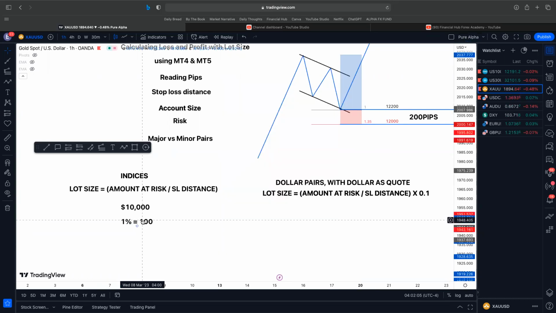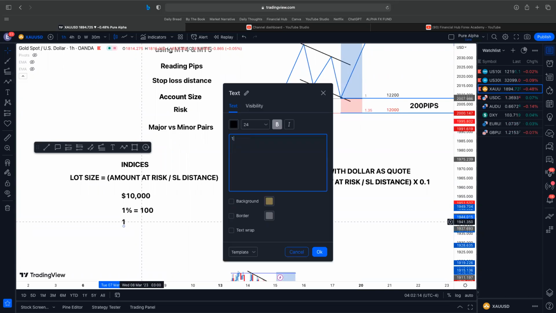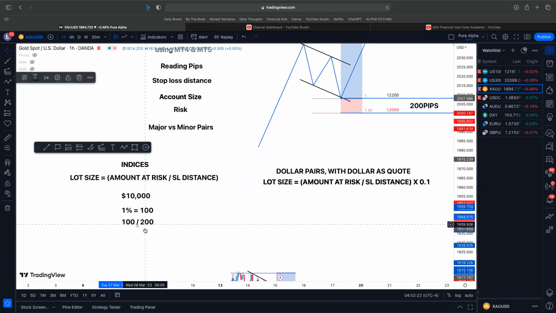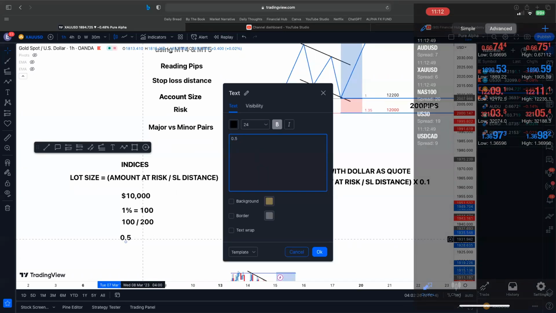Now we did the same thing, amount at risk divided by stop loss. So 100 divided by 200. Simple math. That's 1/2, which is 0.5. So you're going to get a 0.5 lot size.